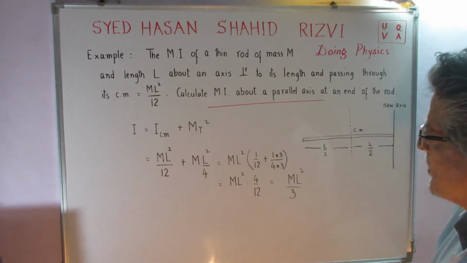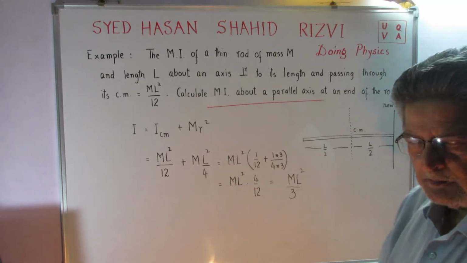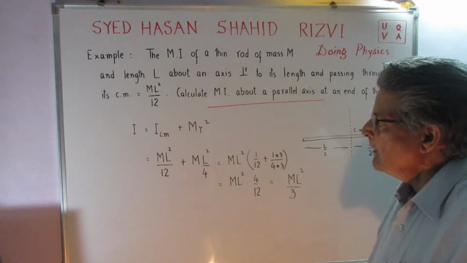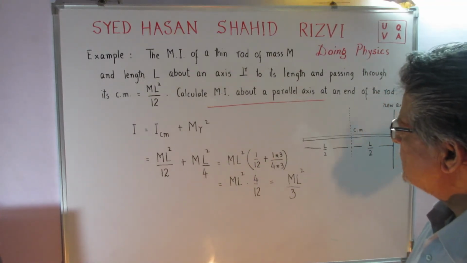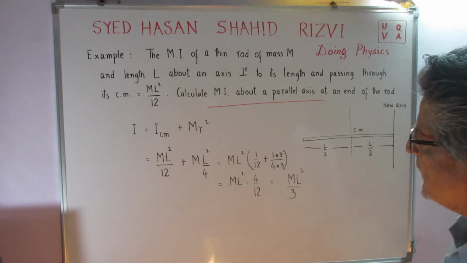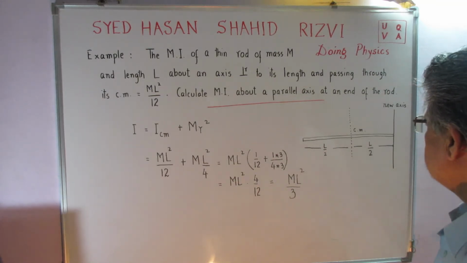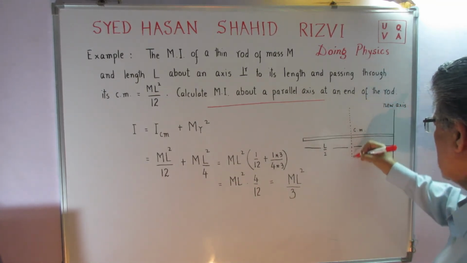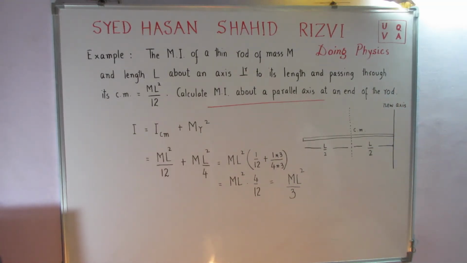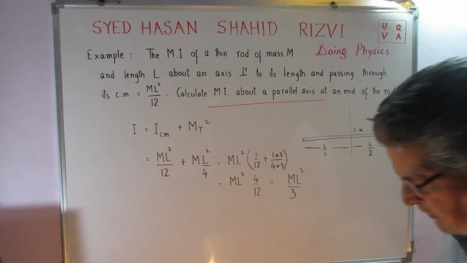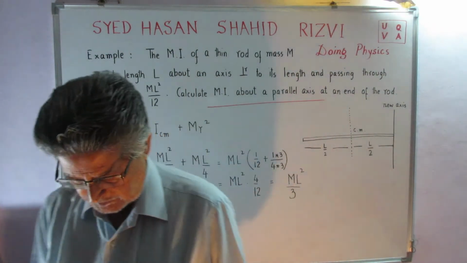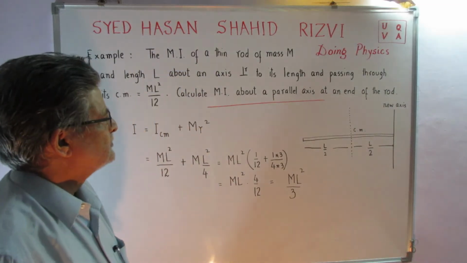We know, as I have calculated for us before, the moment of inertia of a thin rod of mass m and length capital L about an axis perpendicular to its length and passing through its center of mass is ml square by 12, which is the result we remember from our calculations before.